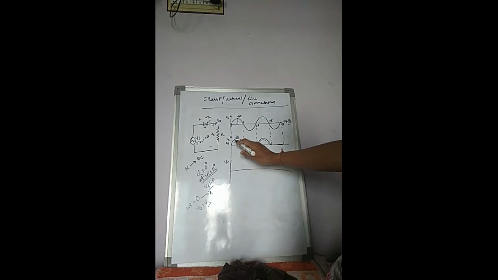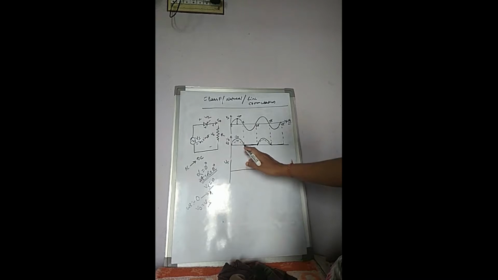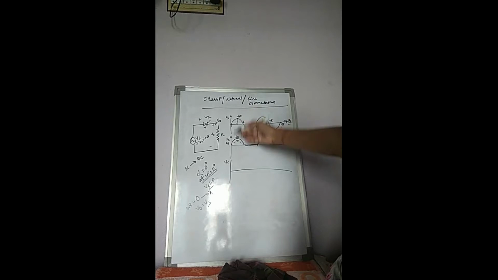Okay, so I0 is identical with the V0 waveform due to this resistive load. So at omega t equal to pi, Vs is 0. See, at this point Vs is 0. Again from 0 to pi, whatever Vs is, that is exactly happening in the V0 waveform.